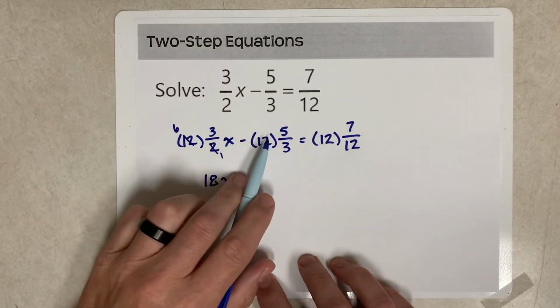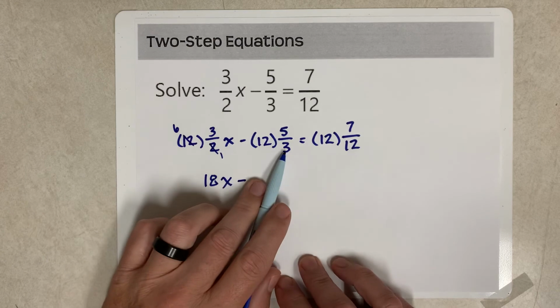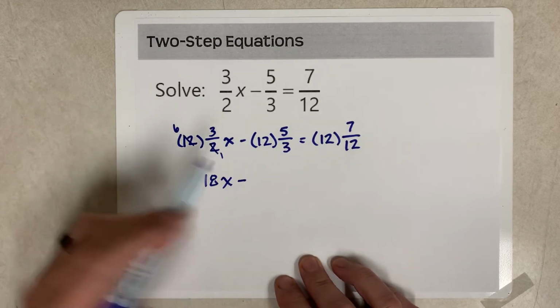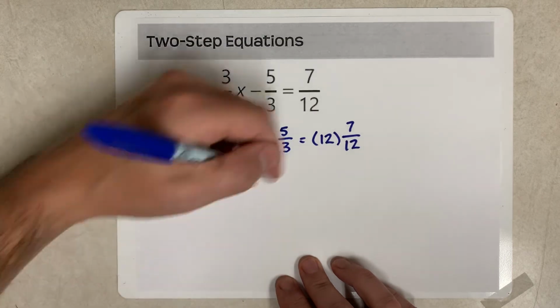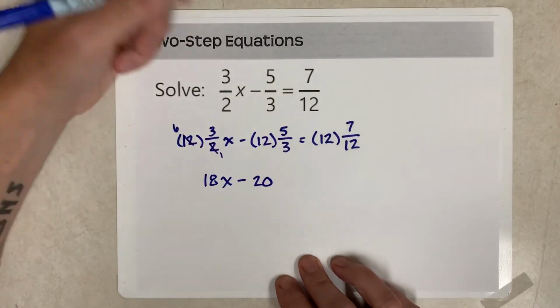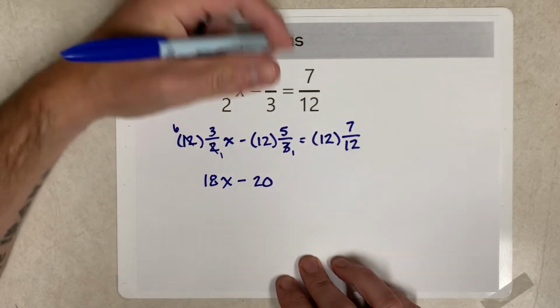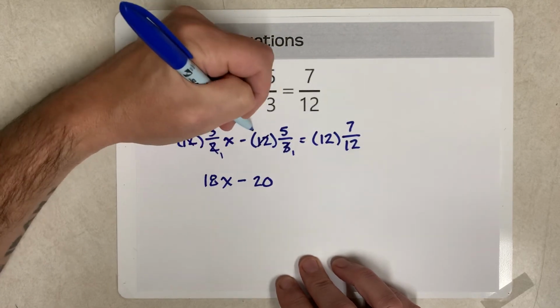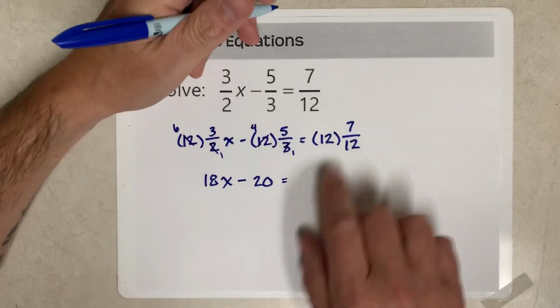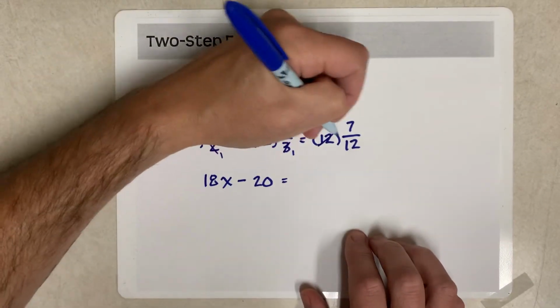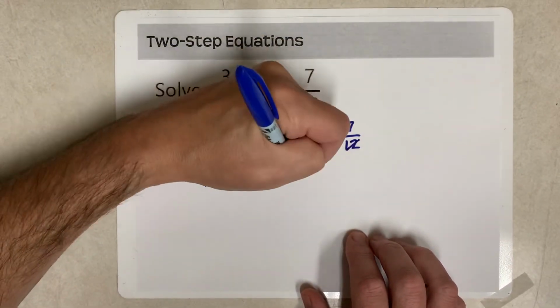Minus 12 times 5 is 60, divided by 3 is 20. Or you could do 12 divided by 3 is 4, times 5 is 20. So the 3 became a 1, 5 times 4 is 20, equals. This 12 and that 12 completely cancel, and you just bring down the 7.